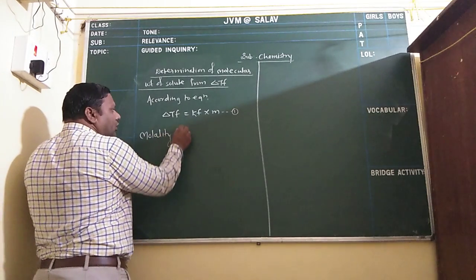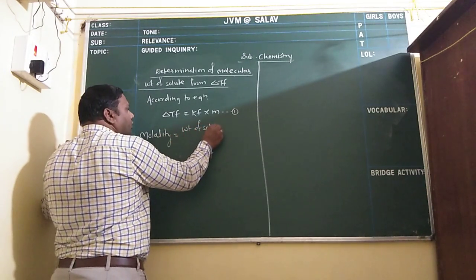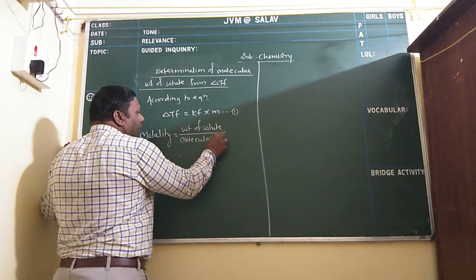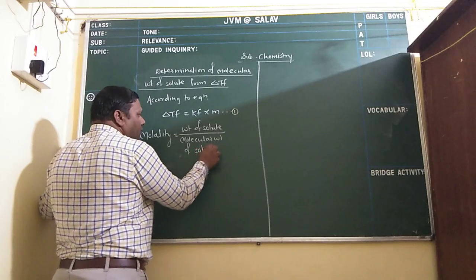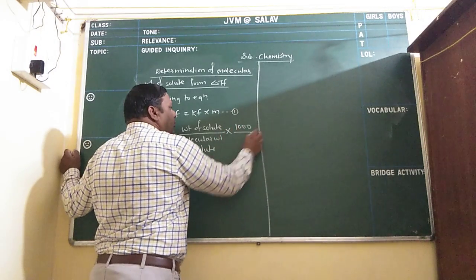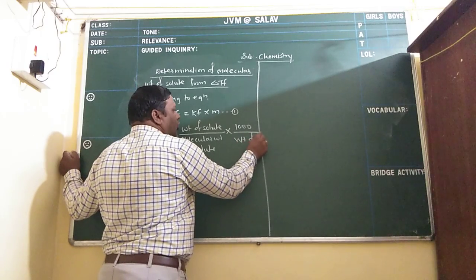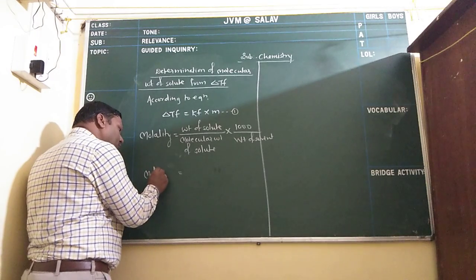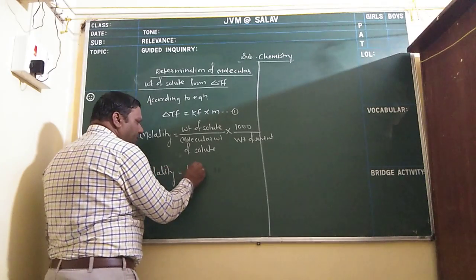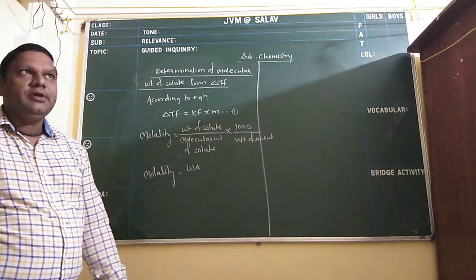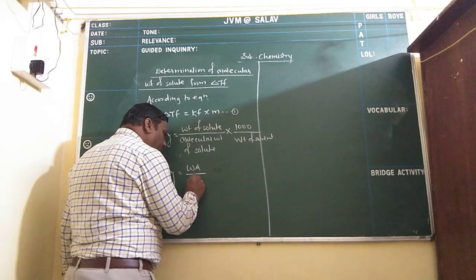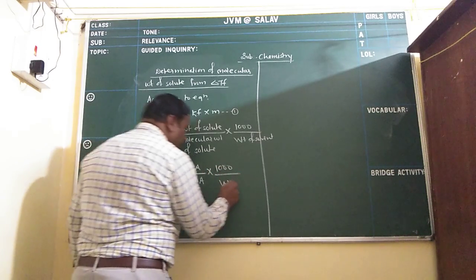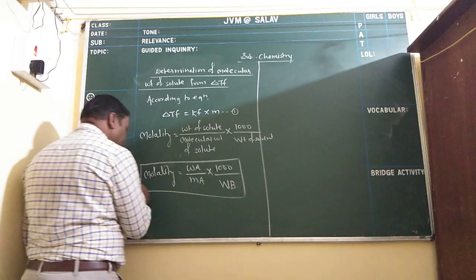Now molality is equal to weight of solute upon molecular weight of solute, into 1000 upon weight of solvent. Therefore molality is equal to WA upon MA into 1000 upon WB, where A is for solute and B for solvent. This is for molality. Is it clear?